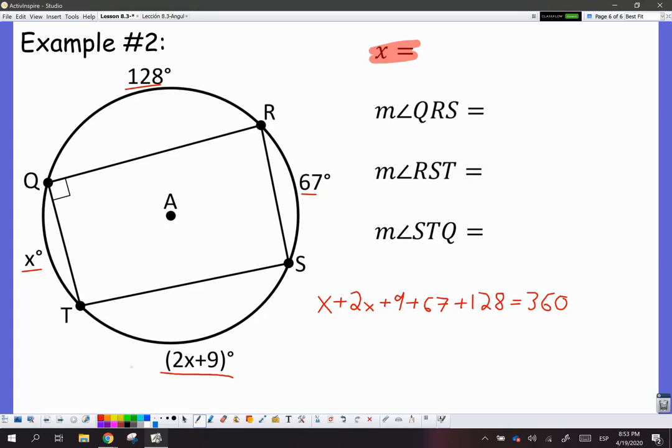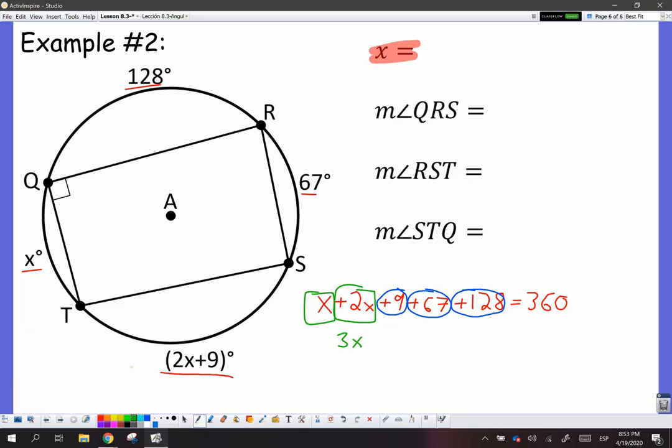Now I can combine my like terms. I have my variables here, and I'm going to draw a square around them. I have my constants over here, and I'm going to circle them. Now I need to combine them. So x plus 2x gives me 3x.